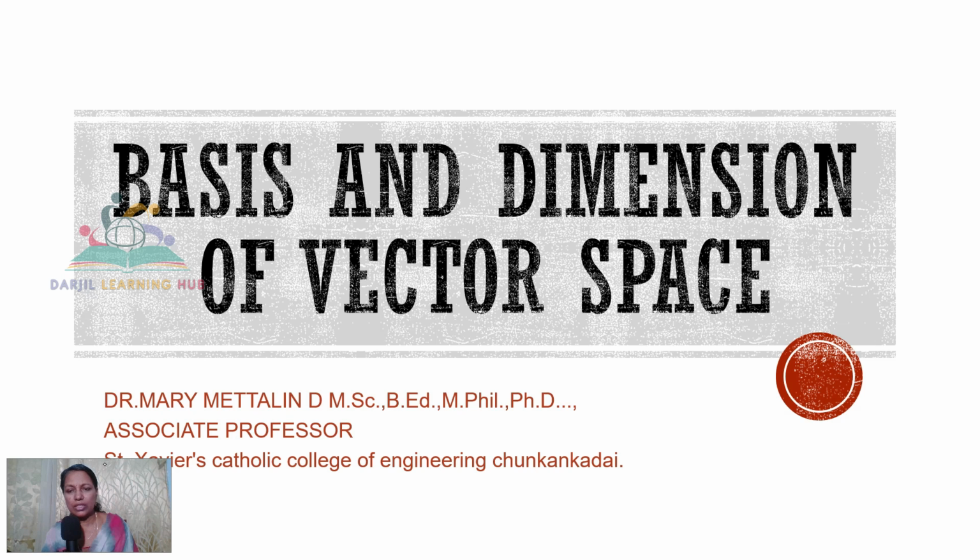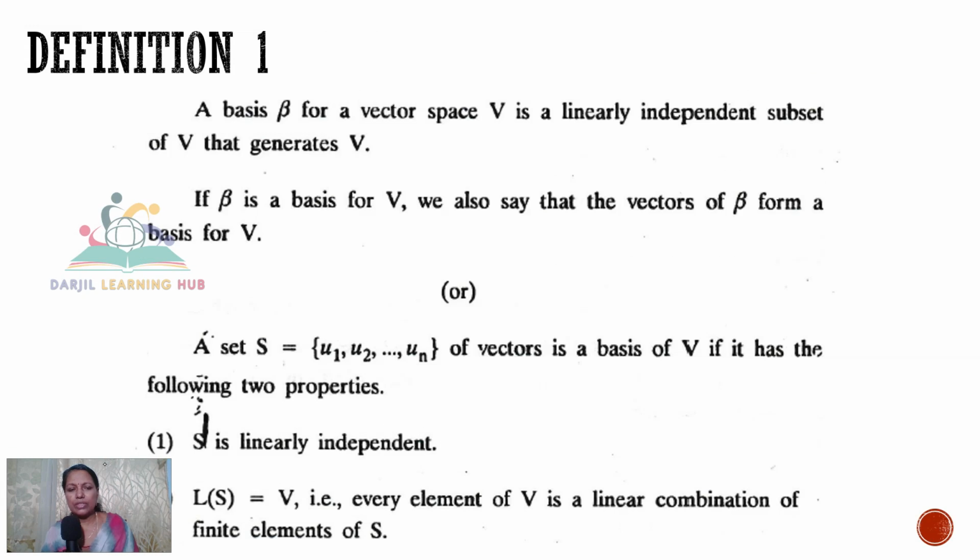This is the last topic of the first unit, which is basis and dimension of vector spaces. So first of all, we shall see the definition of a basis. A basis beta, just giving it a name, for a vector space V, is a linearly independent subset of V that generates V. In the previous episodes we saw what is a linearly independent set.